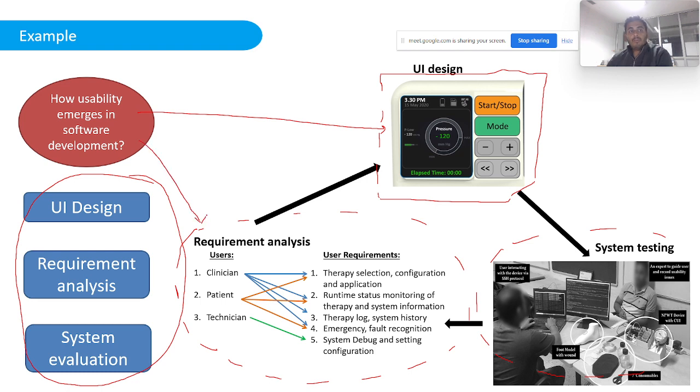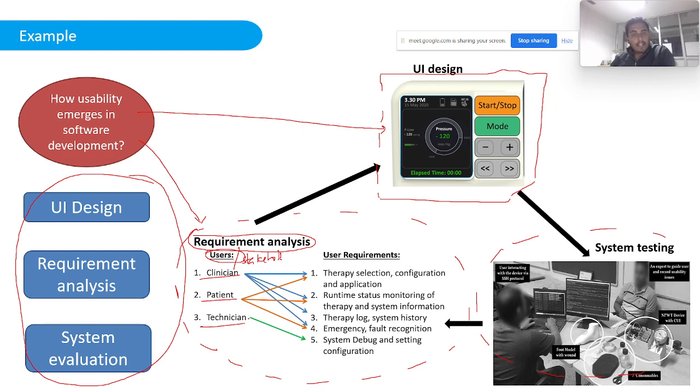Okay, but in the current scenario, the scope of usability lies in requirement analysis, where you first identify the various users. For example, for a medical product, users can be, so by user I mean stakeholders. Stakeholders can be clinician, it can be patient, and it can be technician.